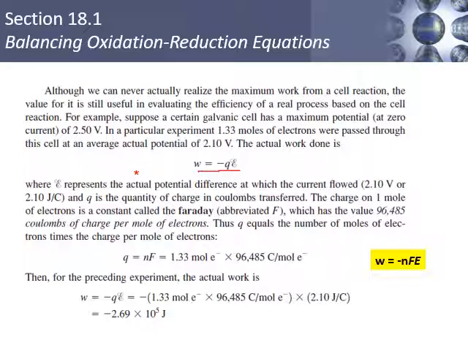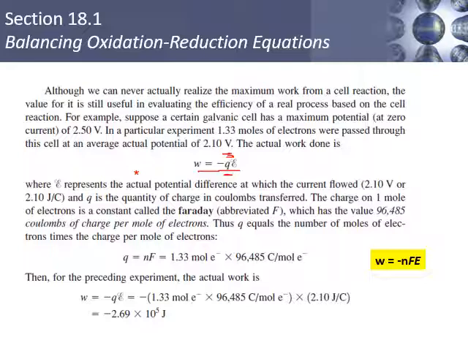What we're going to do now is break down the Q here, which is the number of coulombs, into 2 parts, utilizing what we just said in the previous slide, which is that there are about 96,485 coulombs in 1 mole of electrons, meaning that if we multiply moles of electrons times coulombs per mole of electrons, we get coulombs, which is what we have right here. So that means we can replace this Q right here with the number of moles of electrons, which we'll write as n, just like in the ideal gas law kind of, times the Faraday constant, which is coulombs per mole.